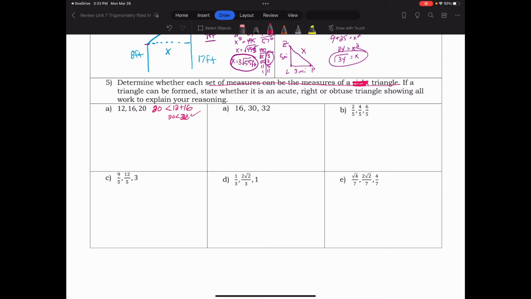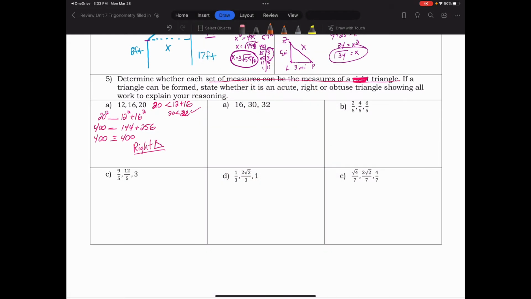And so now I use my Pythagorean theorem. 20 squared is something to 12 squared plus 16 squared. 20 squared is 400, 12 squared is 144, 16 squared is 256. 144 plus 256 is 400. They are equal to each other, so this is a right triangle.